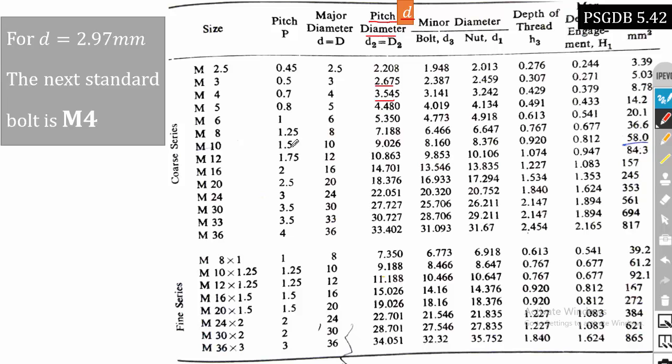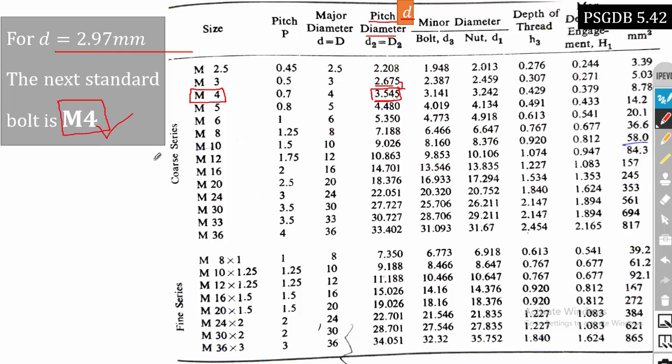But the calculated diameter is 2.97. So I can select the next standard diameter, that is 3.545, and for 3.545 the size of the bolt is M4. So the solution of this problem is we have to use an M4 bolt. So M4 is the answer.